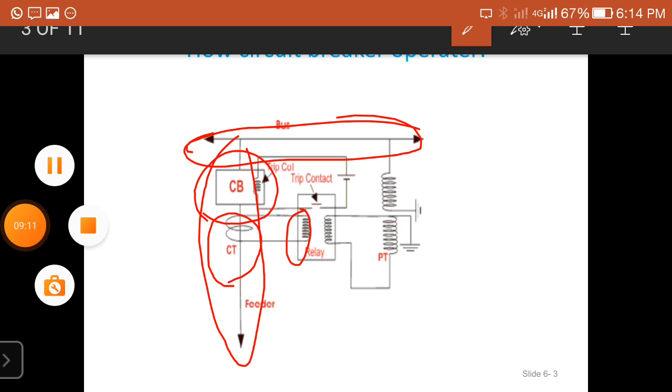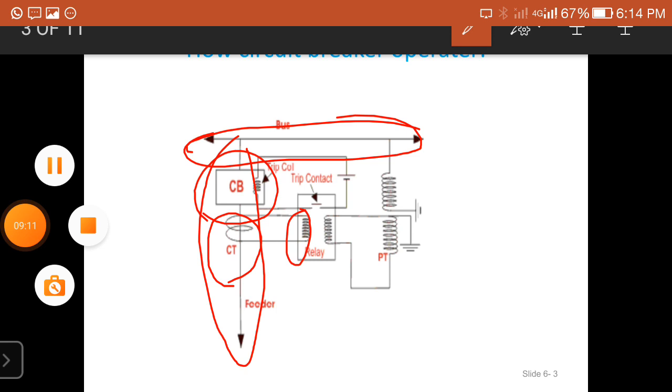First we are taking one bus. This is the bus. In that we are connecting one feeder. This is the feeder, and in the feeder we are connecting the CT also. In the feeder we are connecting the secondary of the CT and also the circuit breaker.